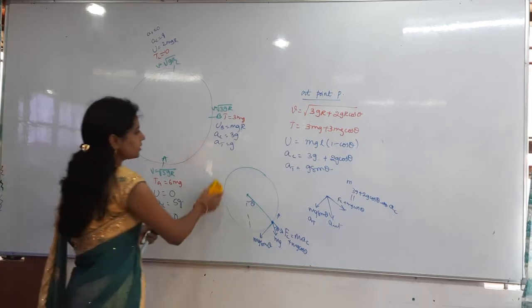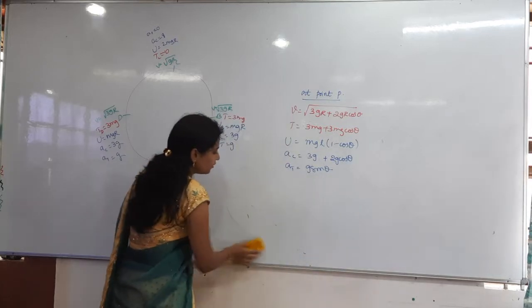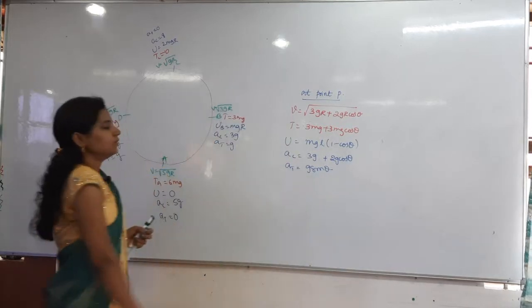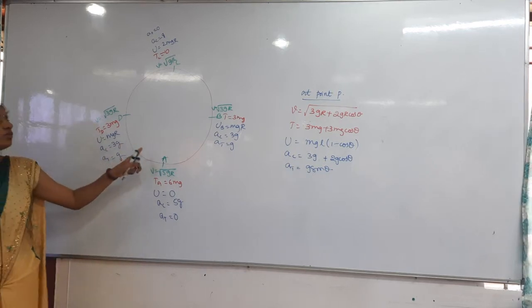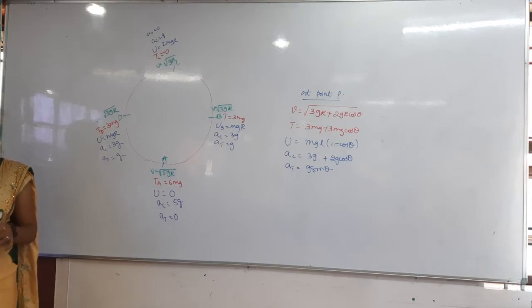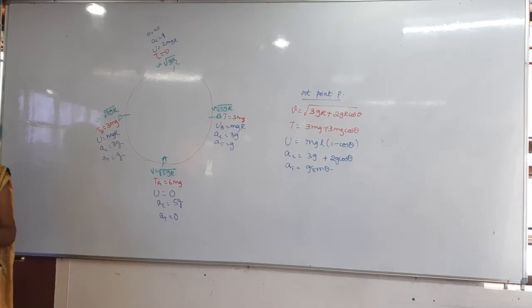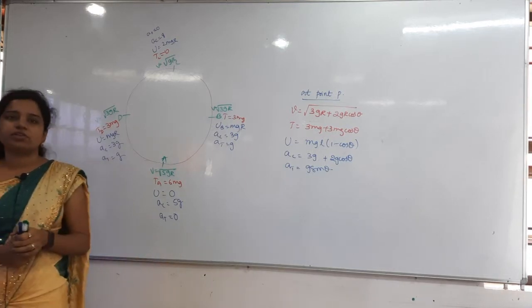And also yesterday I said that whenever the particle is not able to cross point B, then what will it do? Oscillations it will do. Whenever the particle is not able to cross point C, at that time what will it do? Projectile motion, free fall, and then it will follow the projectile path. Now what should the limit of velocity be?